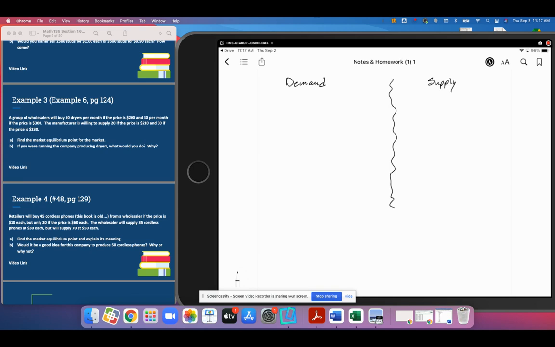So that being said, we do have two sets of points for each one. We are going to end up with two functions for this, everyone, a demand function and a supply function. So let's go ahead and get started with the demand function first. And so we have 50 dryers at a price of $200 each.